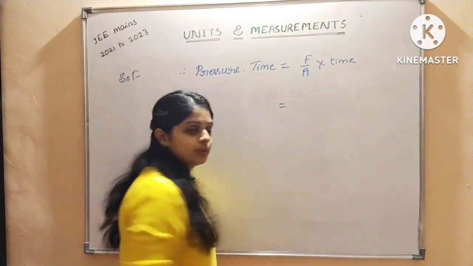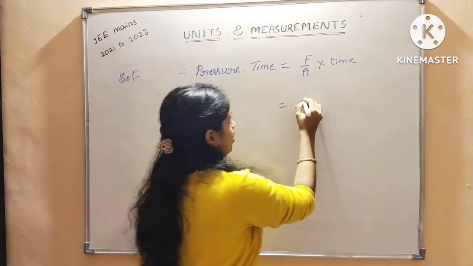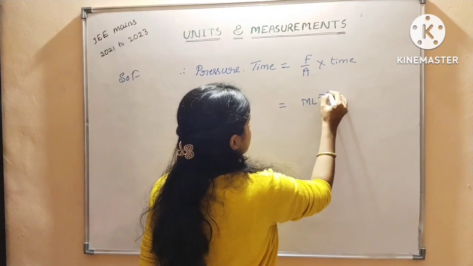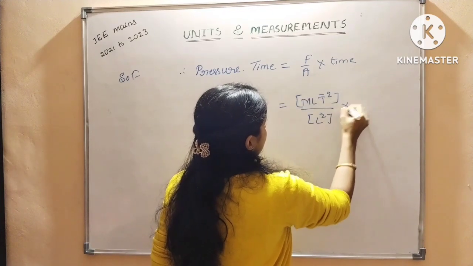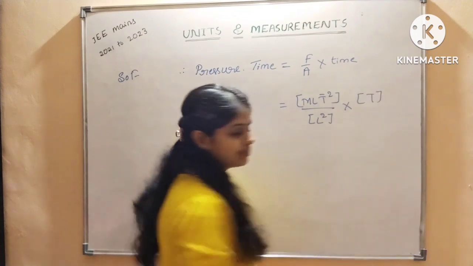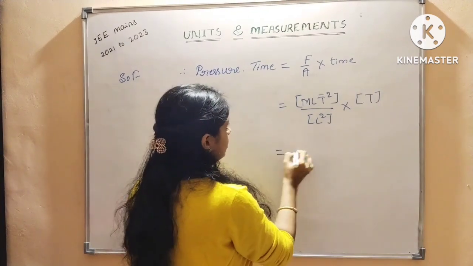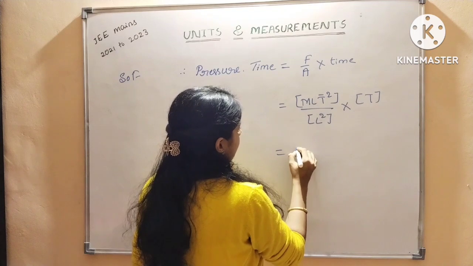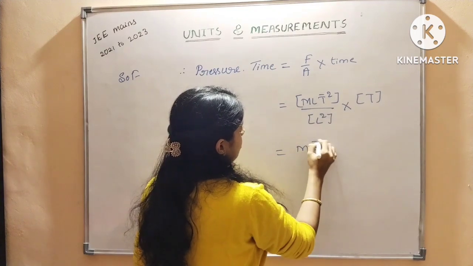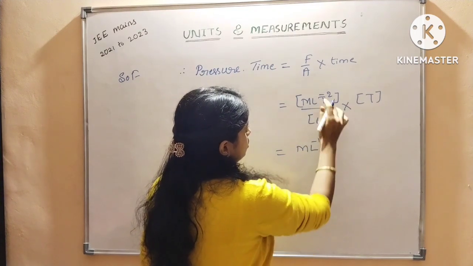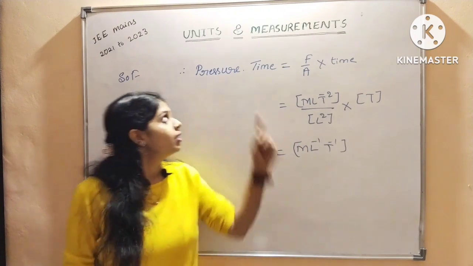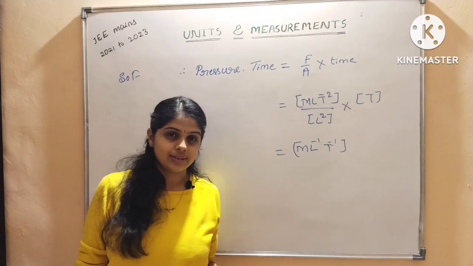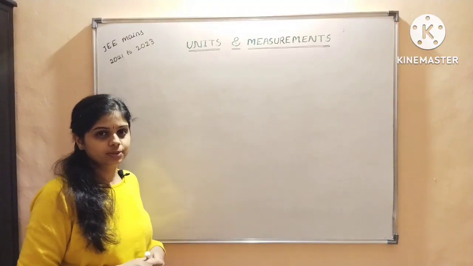The dimension of force is m, L, T raised to minus 2 by area L square into time t. Therefore, m, L by L square is L power minus 1, T power minus 2 into T, T power minus 1. This is the dimension of pressure into time, that is Pascal second. Okay, let's go for the next question.